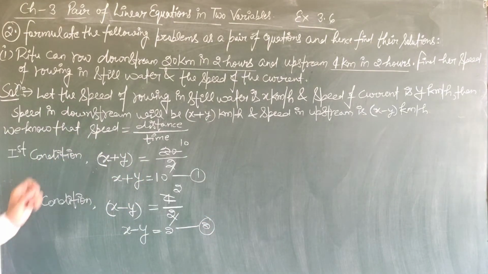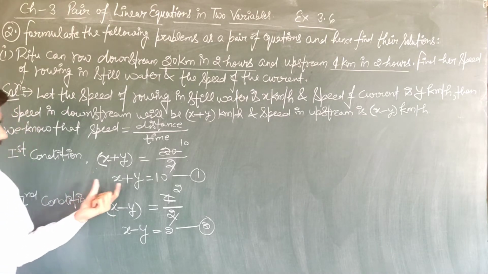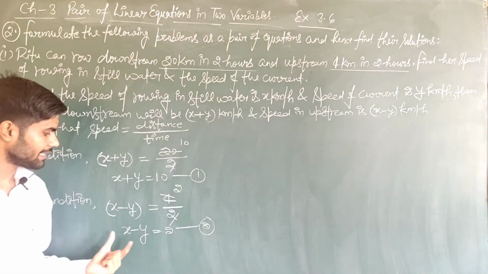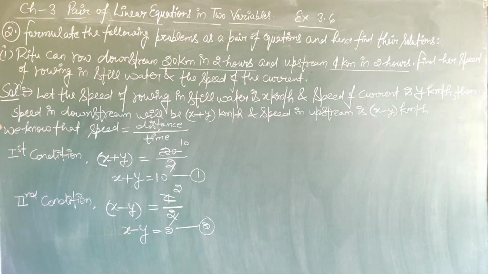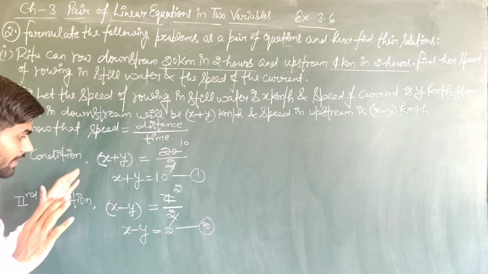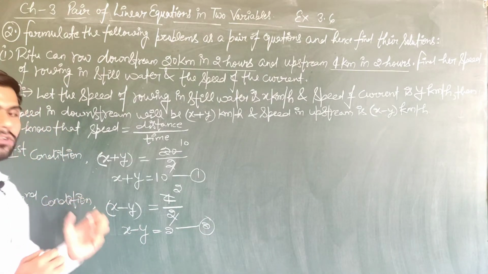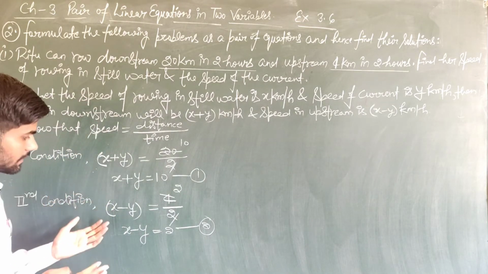Dear students, now we have two linear equations. The first equation is x plus y is equal to 10 and the second equation is x minus y is equal to 2. Now we have to find the values of x and y, and it is very simple. We can use any one of the methods.